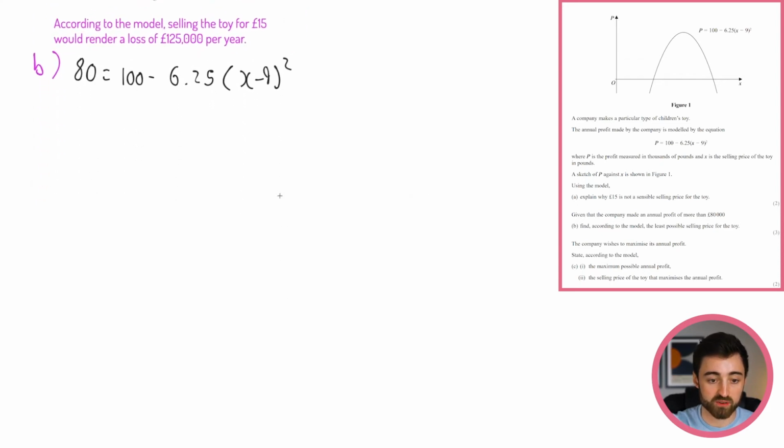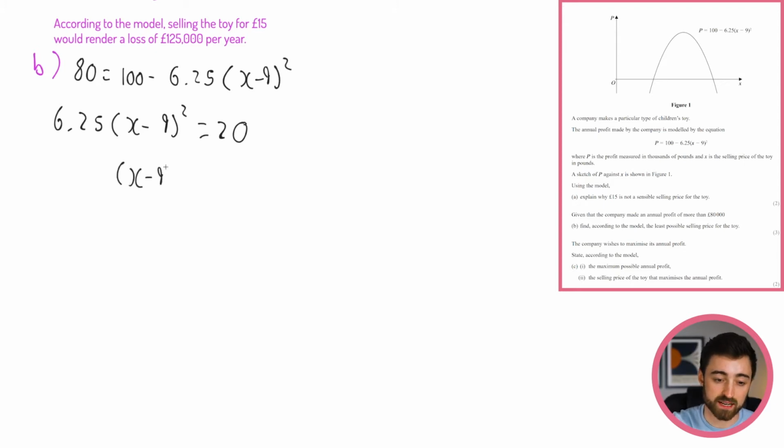I'm going to bring this over to the left and that to the right. So I'm left with 6.25 times x minus 9 squared, and then 100 minus the 80, so 20. I'm going to divide by 6.25 to get x minus 9 squared equals 20 over 6.25.